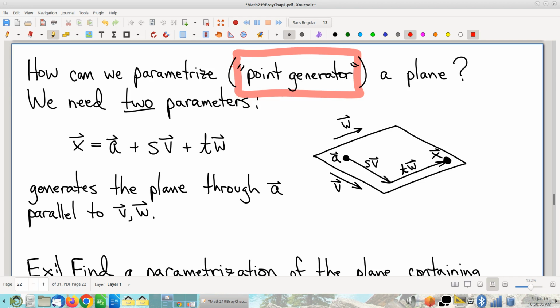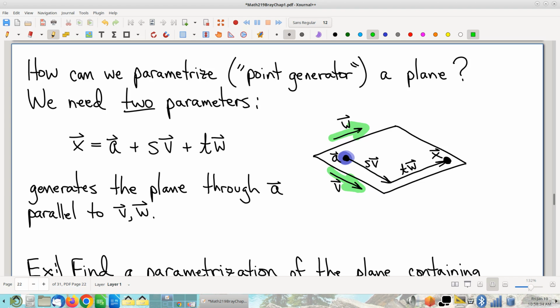And first I'm going to need a starting point. I can't generate points in the plane if you don't even tell me where my plane is. And I claim that I'm going to need a vector parallel to the plane, and another vector parallel to the plane. Not parallel to the first one.